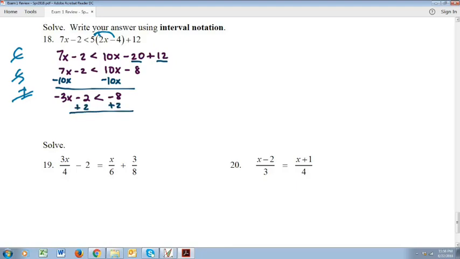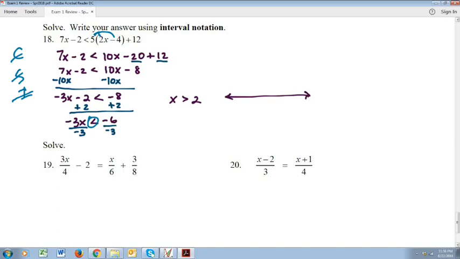Let's go ahead and add 2 to both sides. We get negative 3x is less than negative 6. Now notice we're going to have to divide by a negative, so we'll be reversing the symbol. So that's going to switch. This becomes x is greater than 2. Sometimes it's helpful to graph before you put this in interval notation.